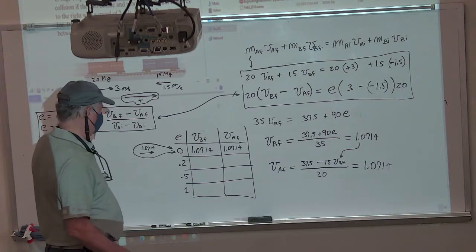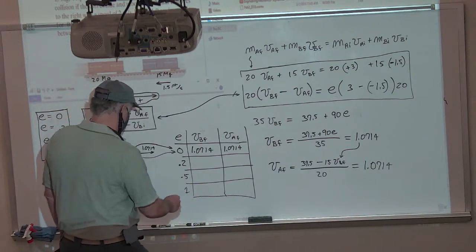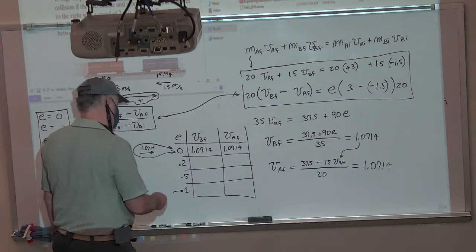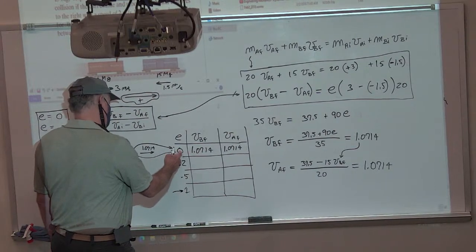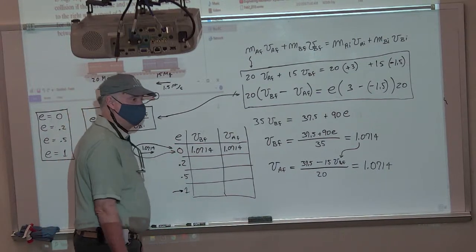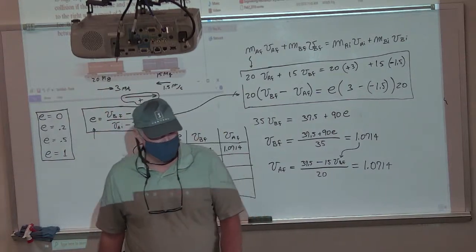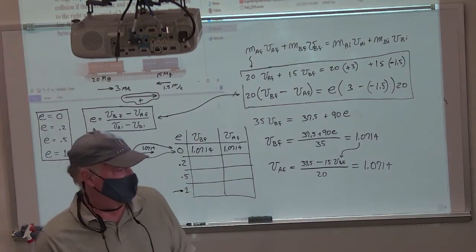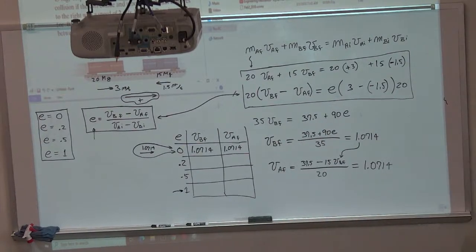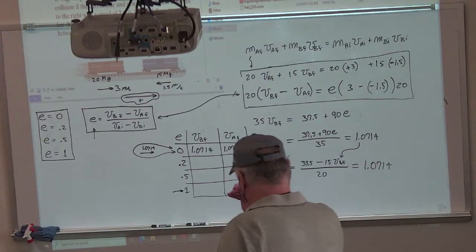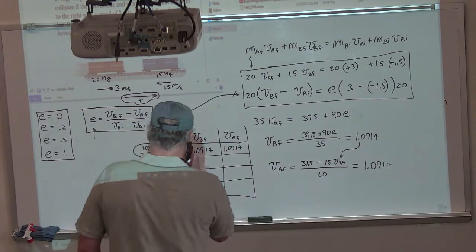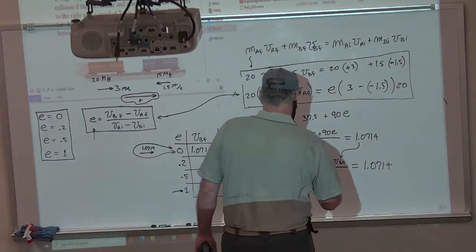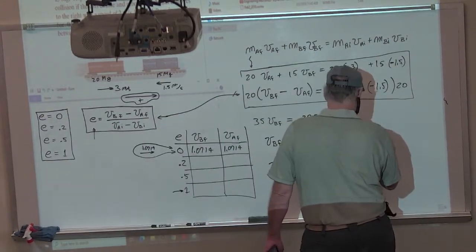So this is kind of unique. These are two special cases, both ends of this spectrum. For E equal to 0, you should always get the same velocity out of both objects. Sorry about that. So now let's put in, okay, so this is E equals 0.